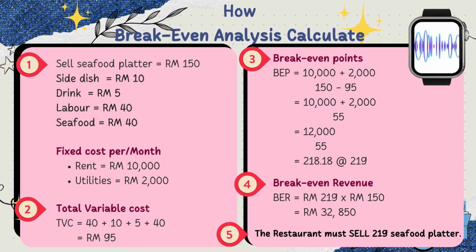Step 2, we calculate total variable cost, TVC: 40 plus 10 plus 5 plus 40, so the total will be RM95. Step 3, we calculate the break-even point.